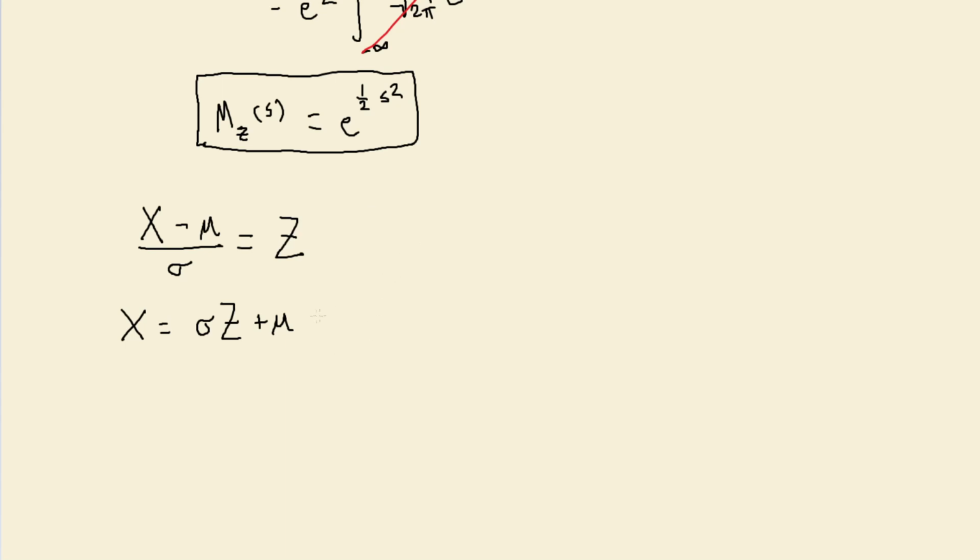We know that the moment generating function of our random variable here is just going to be the expected value of e to the s x, where s is a dummy variable.